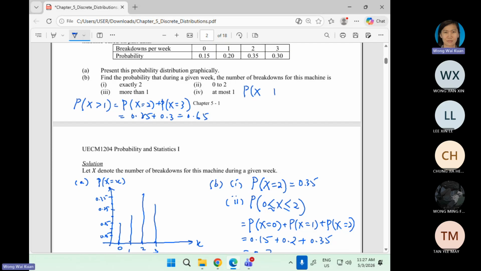At most 1 is less than or equal to 1, that is 0 and 1. For 0 we have 0.15, for 1 we have 0.2. So we have 0.35.